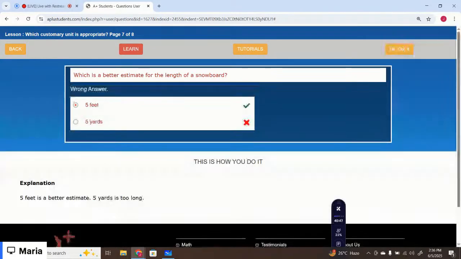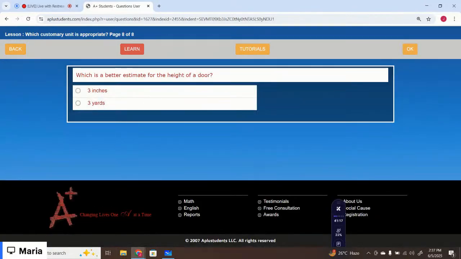Option number two is the correct option. That would be 5 feet. 5 yards is too much.